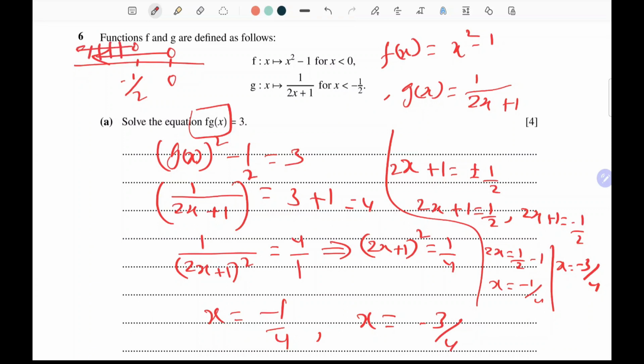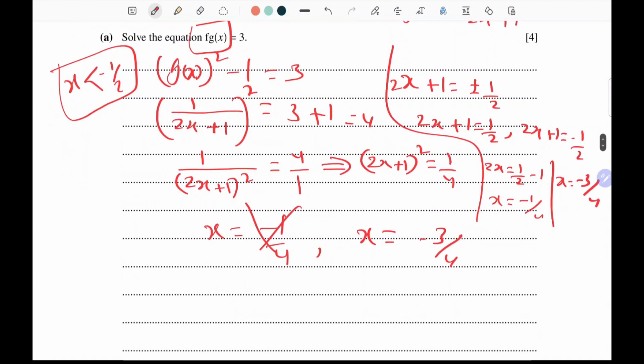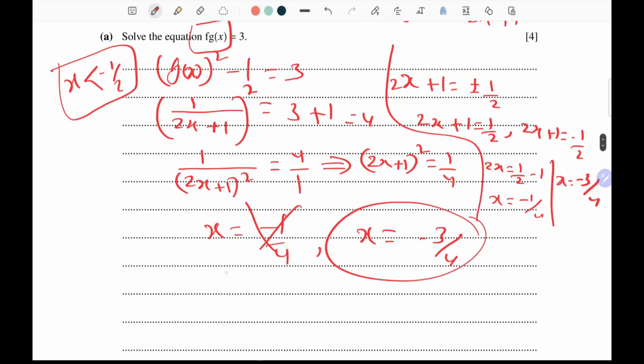So the common domain for this is x < −1/2. But we have −1/4. −1/4 is greater than −1/2, so we have to reject that, right? So only this one we have to accept. This we have to reject, this we have to accept.